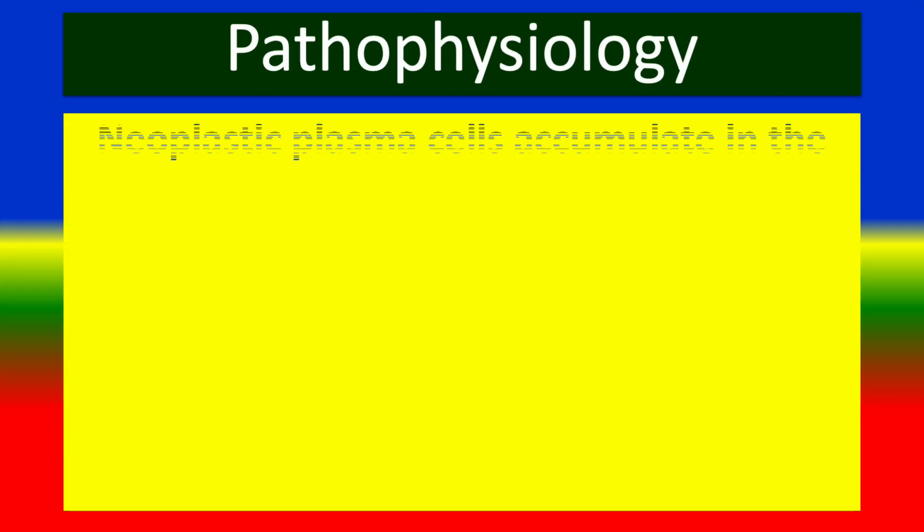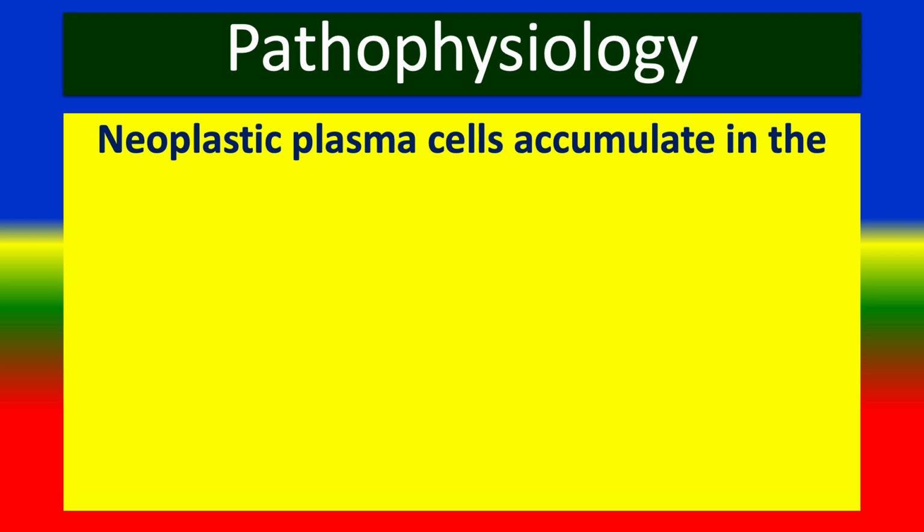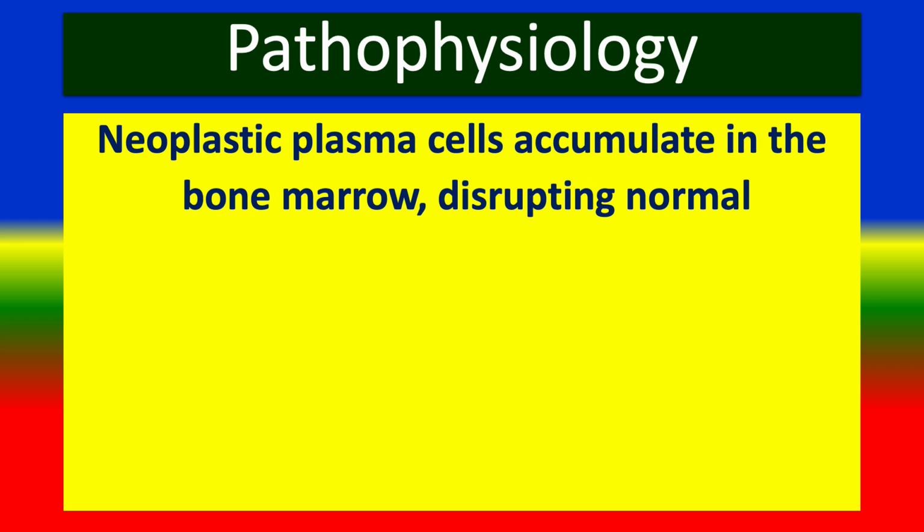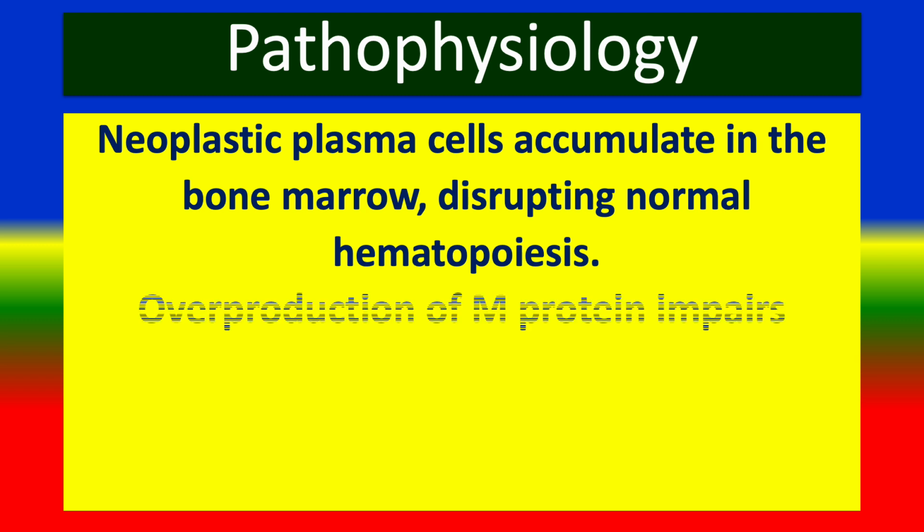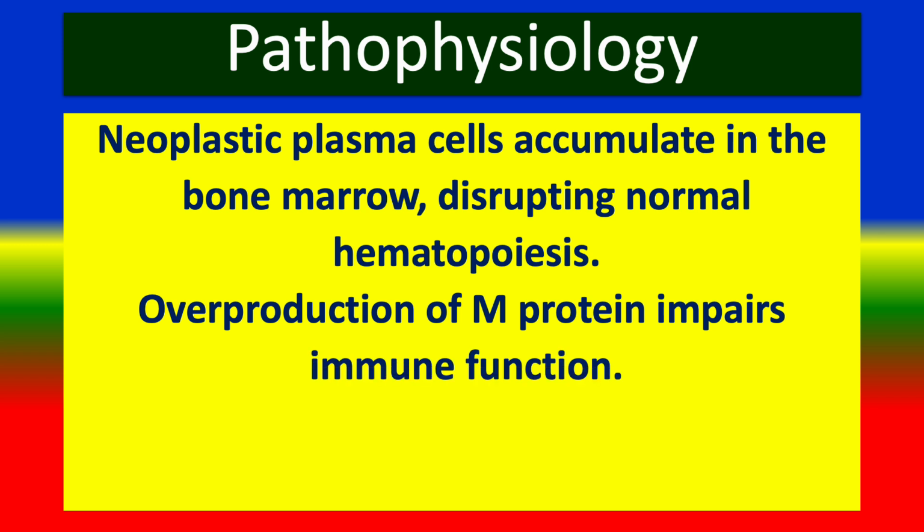Pathophysiology. Neoplastic plasma cells accumulate in the bone marrow, disrupting normal hematopoiesis. Overproduction of M protein impairs immune function.